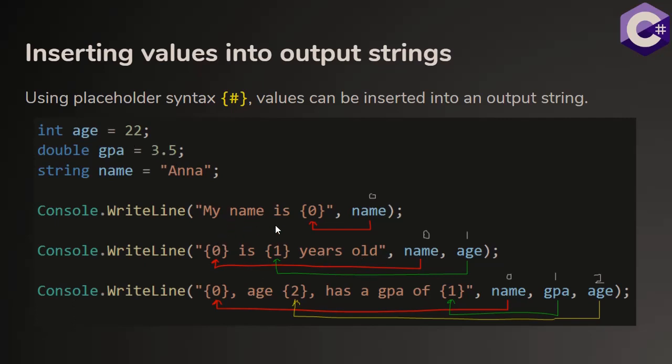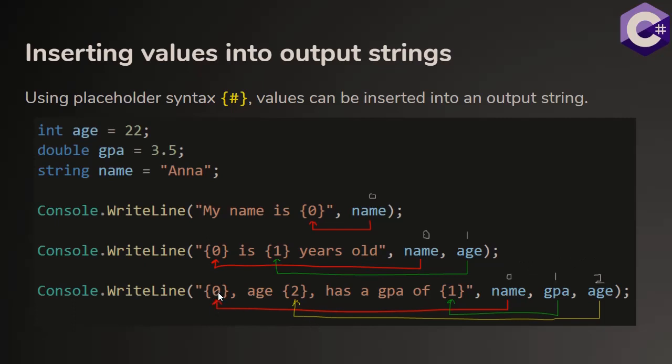Now, you do not have to put these numbers in incrementing order. It doesn't have to go 0, 1, 2. Here I have an example where I have a placeholder with the number 0, a placeholder with the number 2, and then a placeholder with the number 1. The only thing that matters is that these numbers match up with the order of the variables passed after the string.